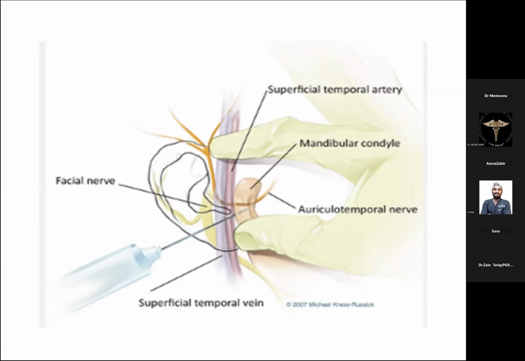The preferred technique is this site where the pulsations are felt and the injection is placed just posteriorly at the level of the anterior superior border of the helix. We also ask the patient to open and close their mouth so that we can identify the temporomandibular joint, palpate it, and the injection is placed always above it at this level.